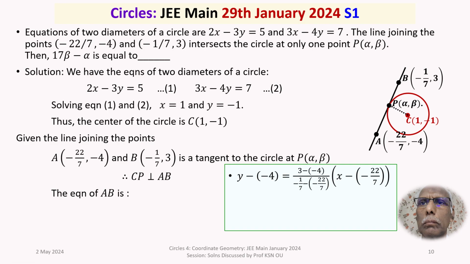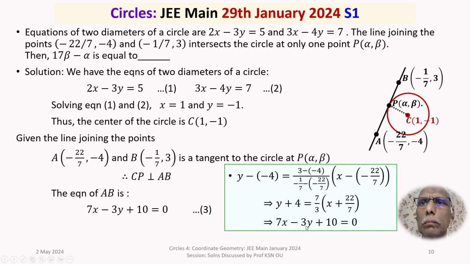So this will be y plus 4 is equal to, simplified, 7 by 3 into x plus 22 by 7. Further simplification will give you 7x minus 3y plus 10 is equal to 0. Let's call this the equation 3, and this is the equation of AB.